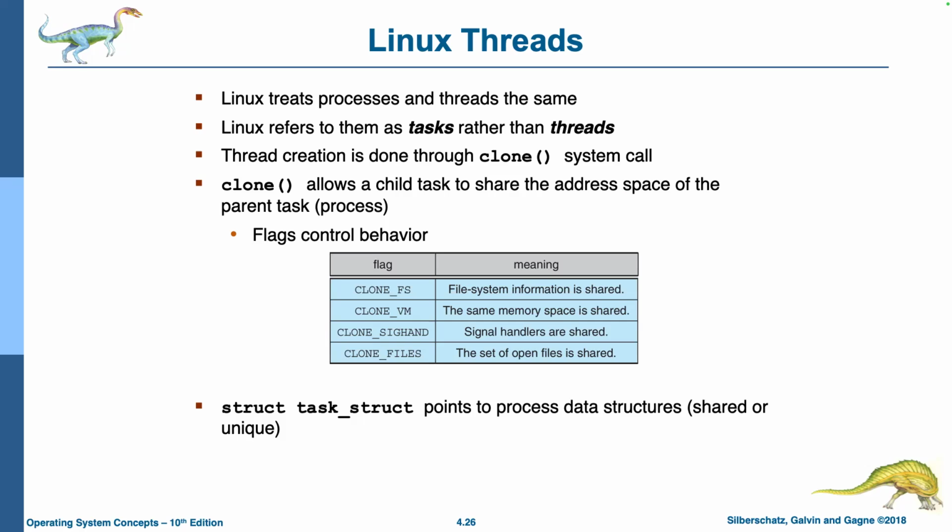It has a system call called clone, which allows the child task, in Linux it's called a task, to share the address space of the parent task. Clone is not copy. Clone means share the address space of the parent. So you can create a task that shares the same address space as the parent. That's the same idea as threads, right?